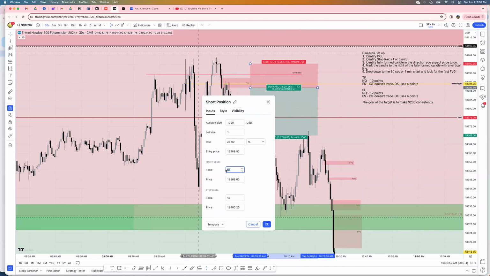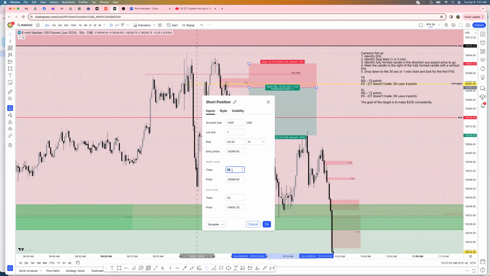So that's 4 ticks per point. 12 points, multiply by 4 for the ticks, so that's 48 ticks on NQ. 48 is the stop loss. And then 40 ticks for the take profit, which is $200. Okay, boom.